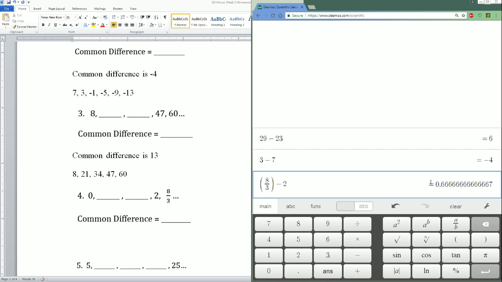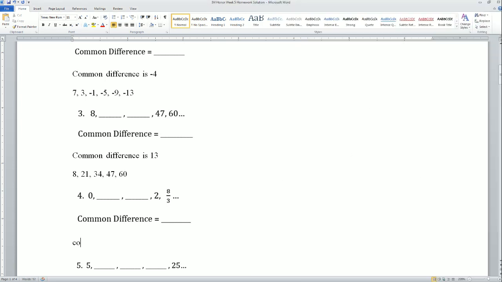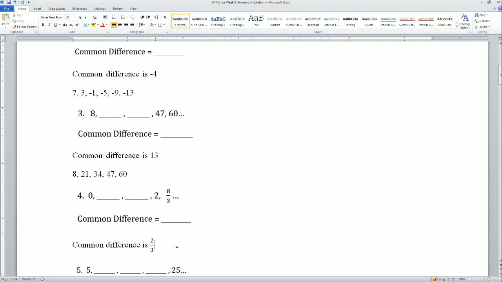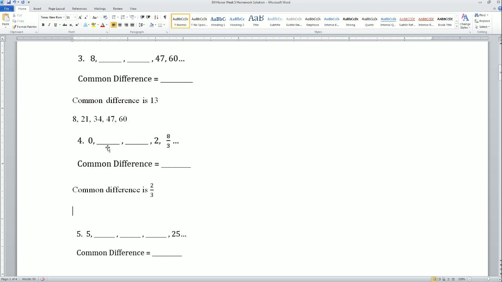That should be 2/3. Yeah, that is 2/3. So the common difference here is 2/3.